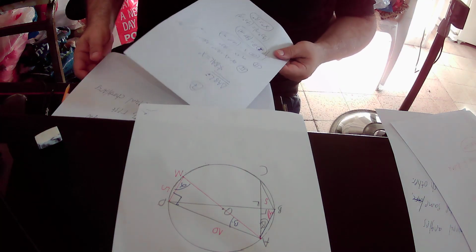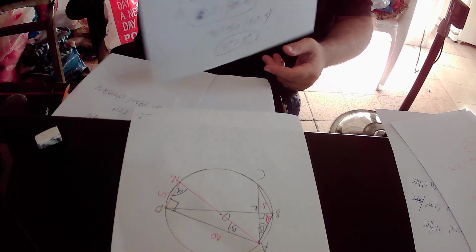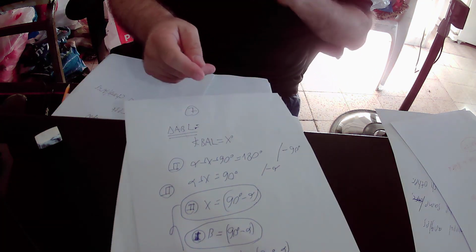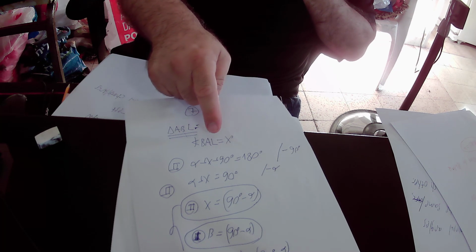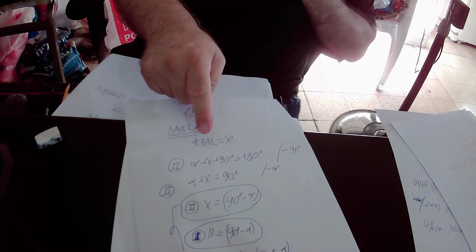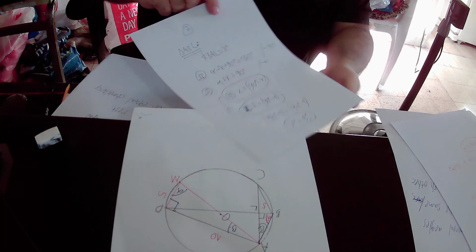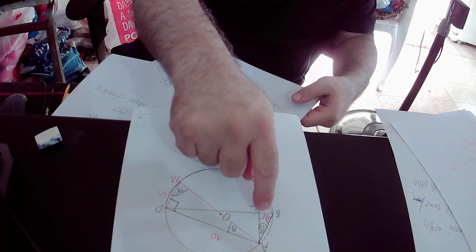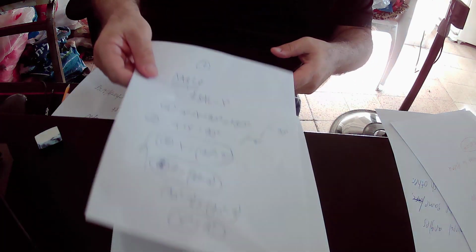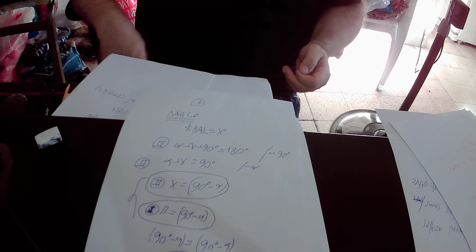So we can write equation number 2 that states that the sum of the angles in the right triangle ABL equals 180 degrees. That is to say, alpha plus x plus 90 degrees equals 180 degrees.